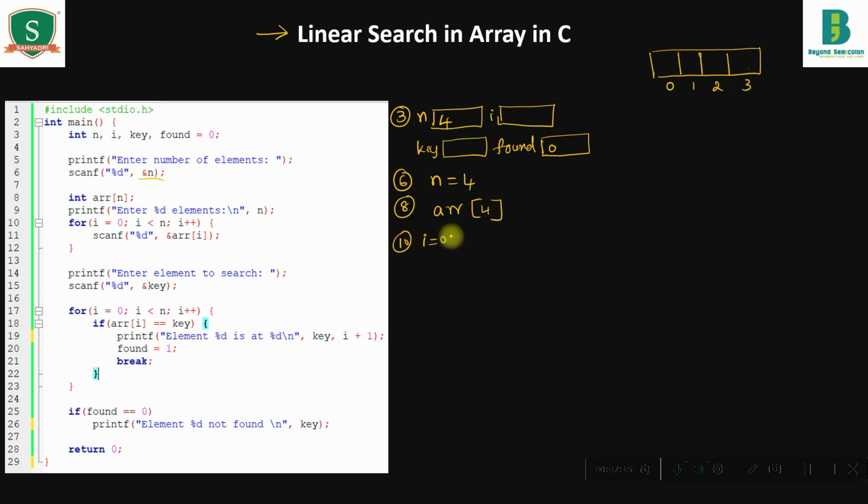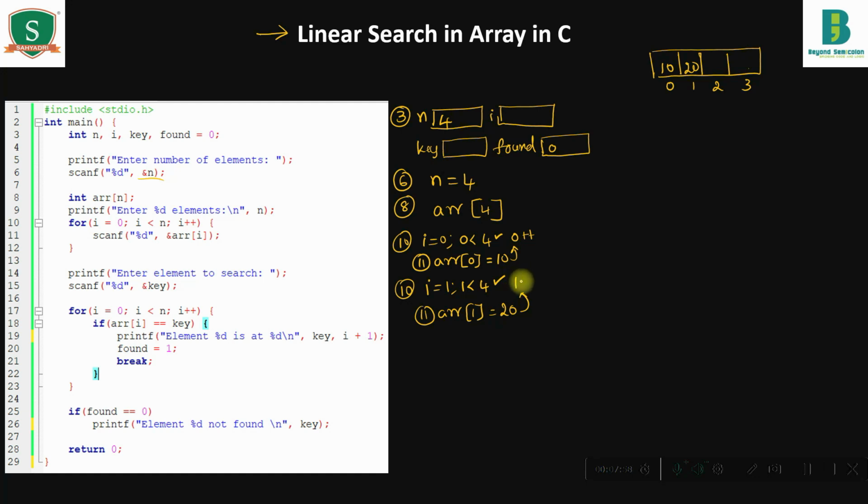If i is equal to 0, 0 less than n, which is 4, the condition is true. We assign an element to array of i, that is array of 0. Consider we are giving 10 as the value. Then it goes back, i plus plus. Now we are running in the loop, the 10th statement again, and this is the 11th statement. i is equal to 1, 1 less than 4, the condition is true. Now array of 1 is equal to 20.